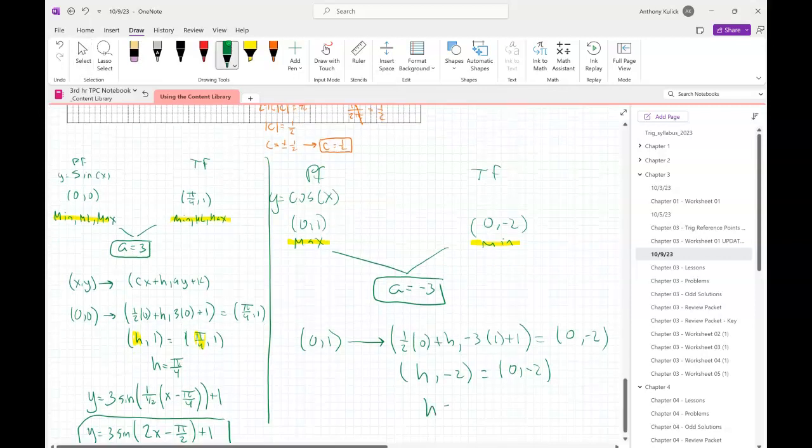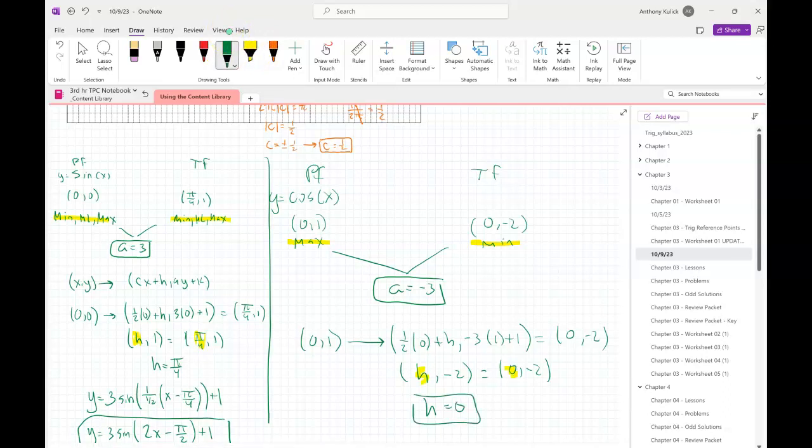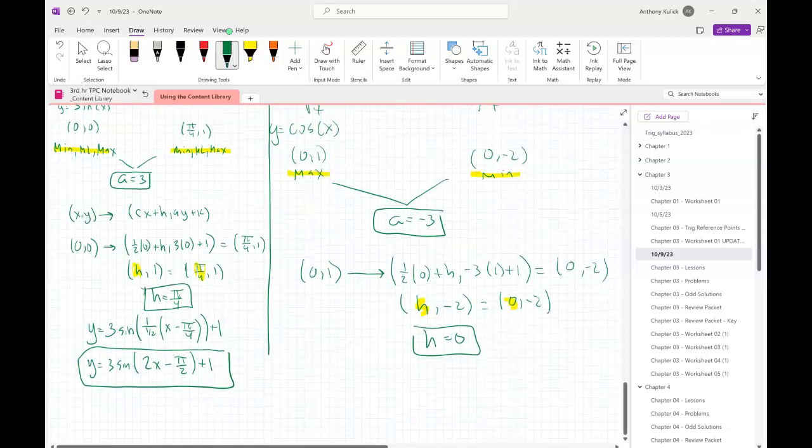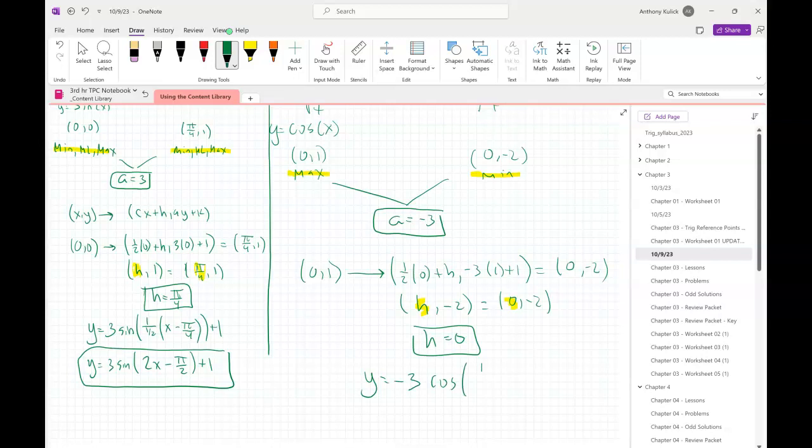So that tells us the H has to be 0. So we have y equals -3 cosine of 1 over 1/2 x minus 0, plus 1, or simplifying down, 1/2 cosine 2x plus 1.